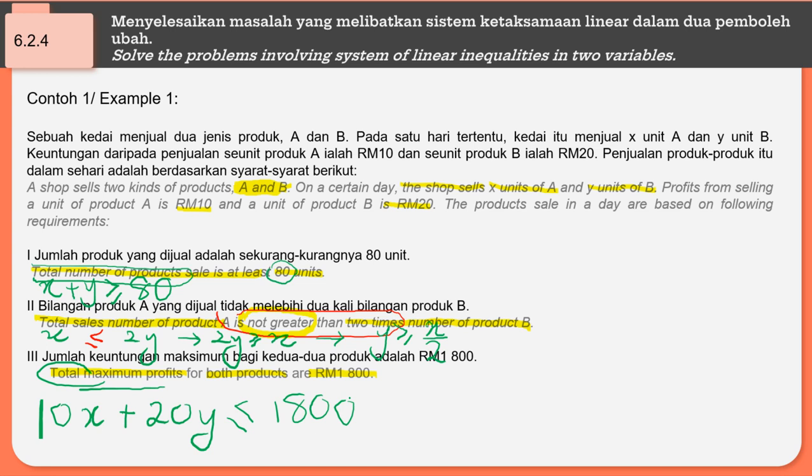Okay, so this inequality can also be simplified. So cancel this one. So we will get the simplified version of the inequality. So we have x plus 2y less or equals to 180. Oh sorry, I forgot the 2 here. So 2y, okay.